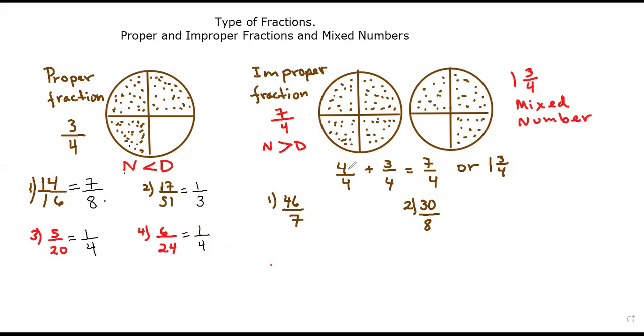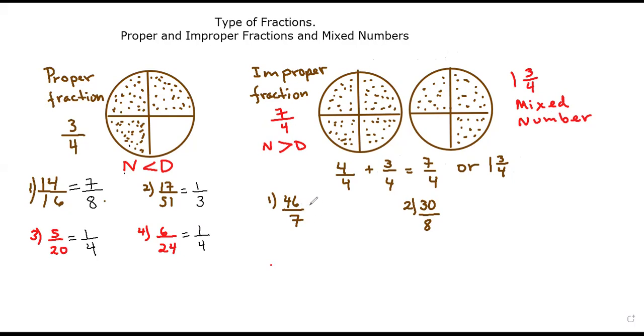So if I add 4 fourths plus 3 fourths, I have 7 fourths, or 1 and 3/4. If we think about cookies, this can be one cookie and 1, 2, 3 pieces of a complete cookie. So that is 1 and 3/4. That is what we call a mixed number.